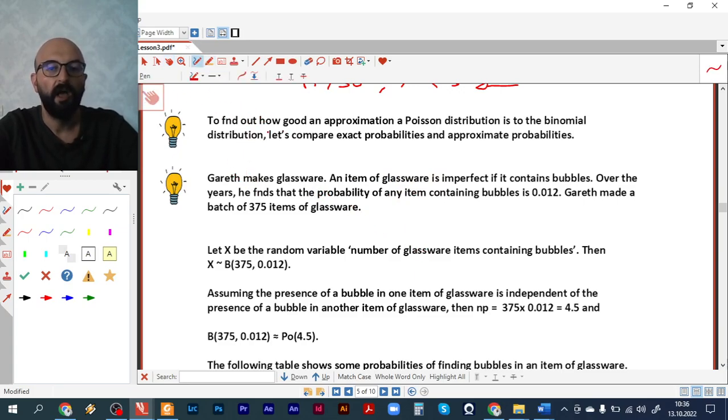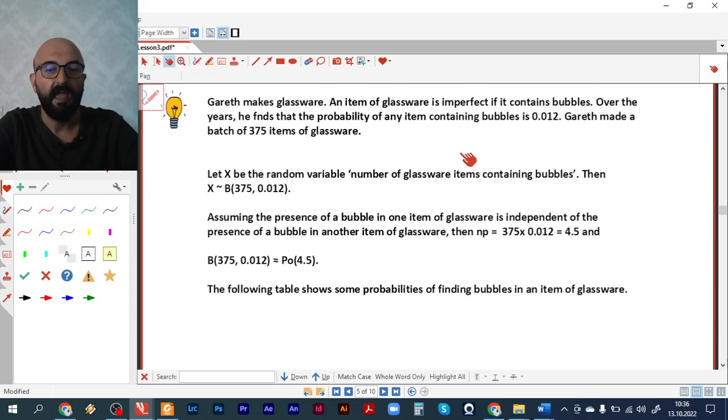To find out how good an approximation the Poisson distribution is to the binomial distribution, compare exact probabilities and approximate probabilities. We have an example about glassware.